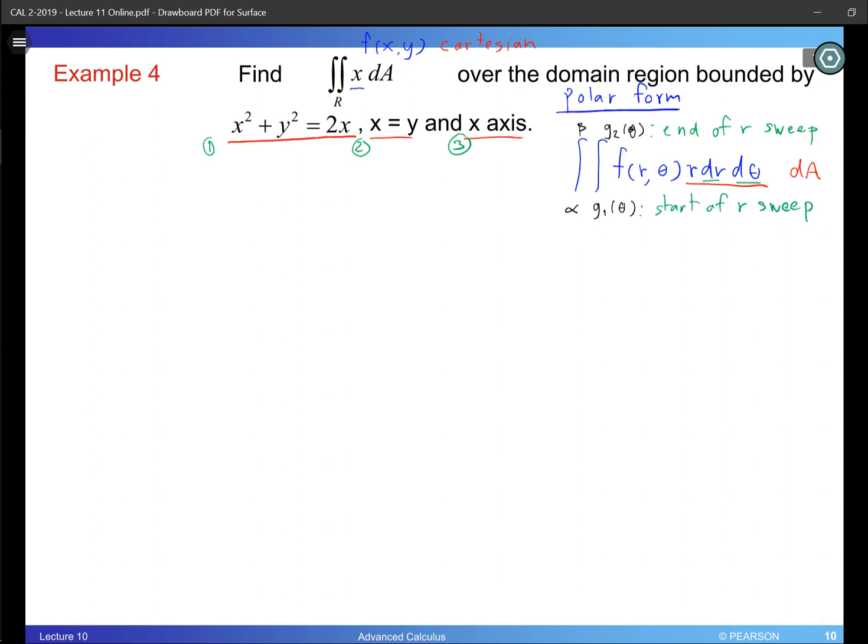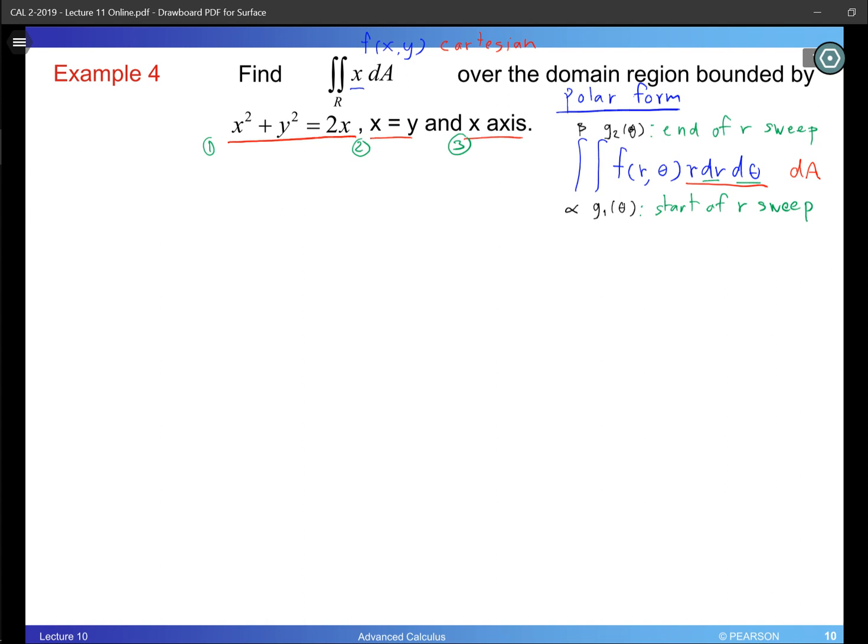It means that we have to find this f, g1 theta, g2 theta, alpha, and beta. Once we find all of them, we can start doing the integration right away. But to find them, it's very difficult without seeing the graph, without seeing the region. It's almost impossible to know how to sweep the radius and how to sweep the angle.